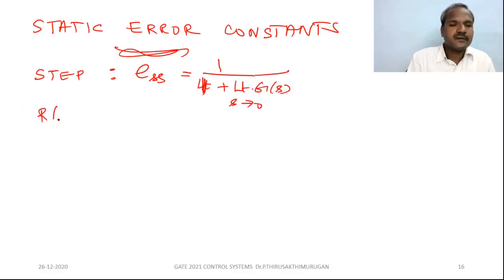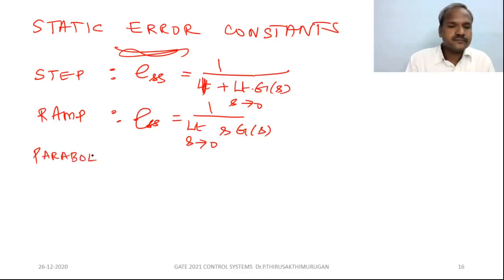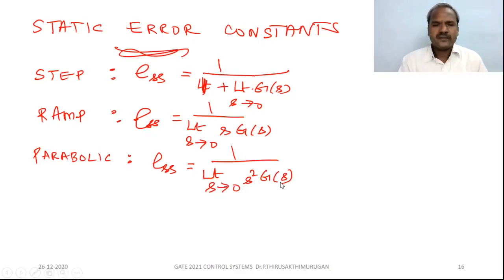For ramp, the steady state error equals 1 by limit s tends to 0 S into G of S. For parabola, ESS equals 1 by limit s tends to 0 S square G of S. So each expression is the static error constant associated with the particular input.